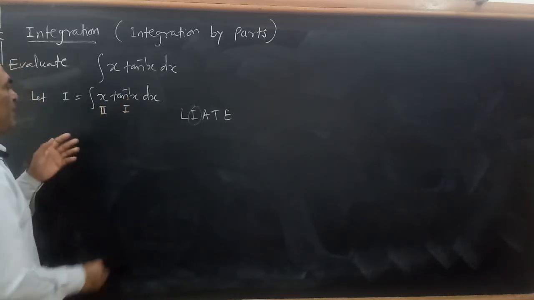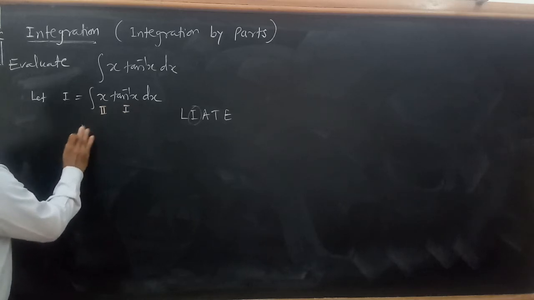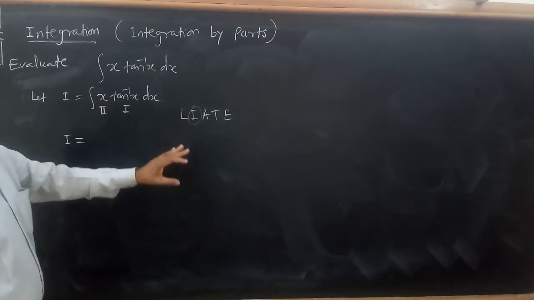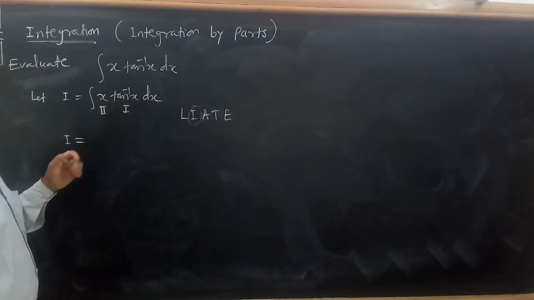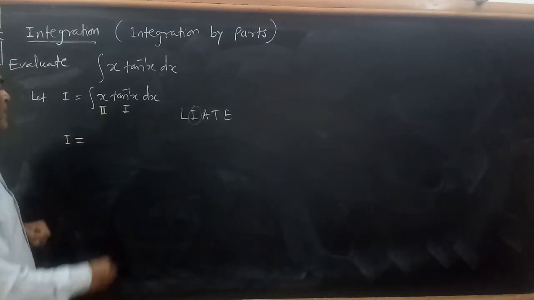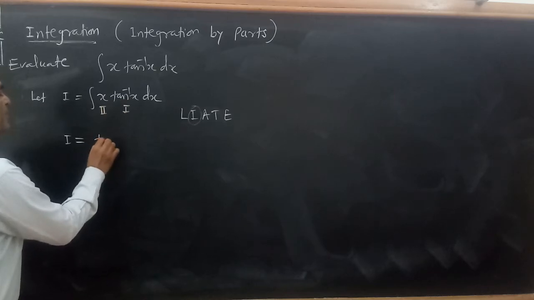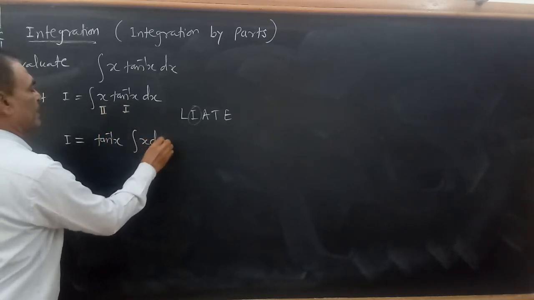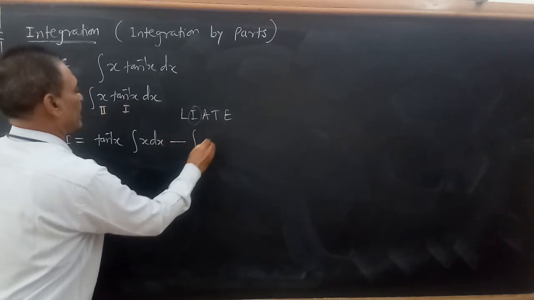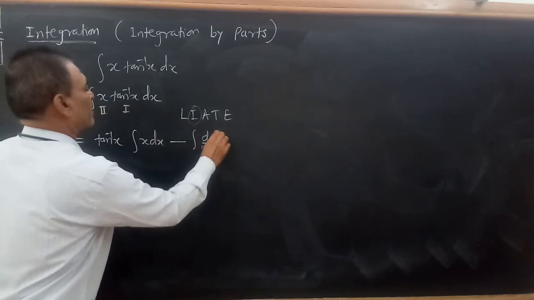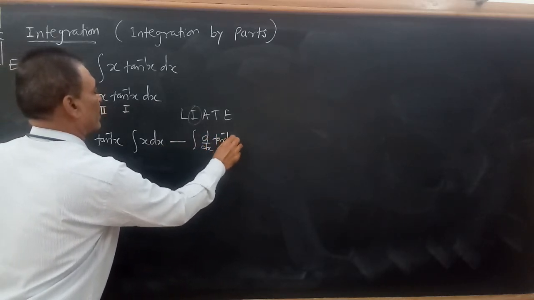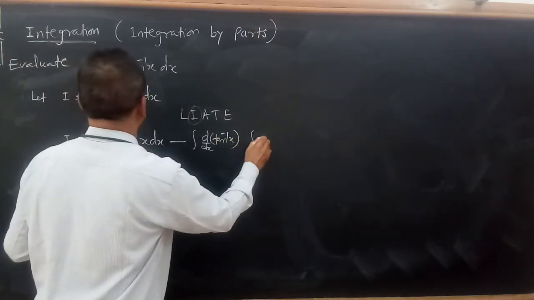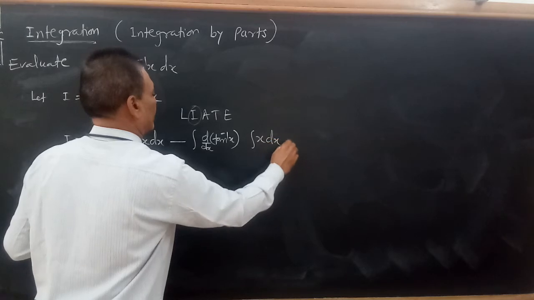And by using the by parts rule, as per rule, I have not written it here, but you must remember the rule properly. First means tan inverse x as it is, integration of x dx, minus integration of derivative of tan inverse x into integration of x dx into dx.